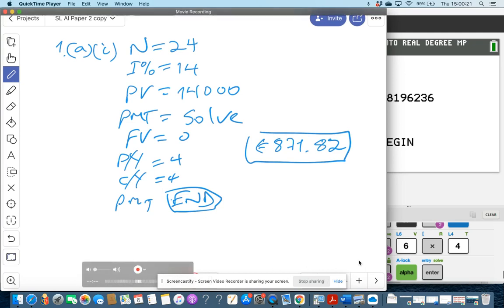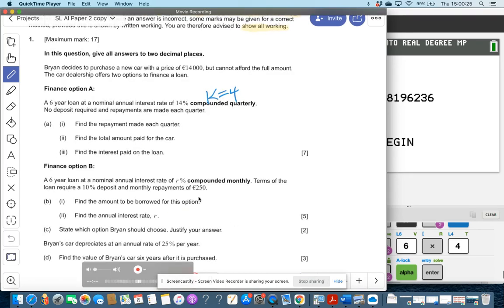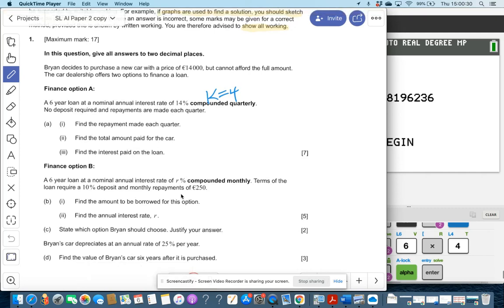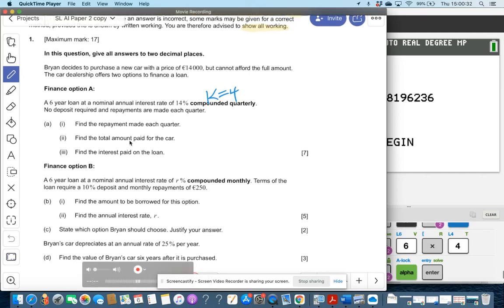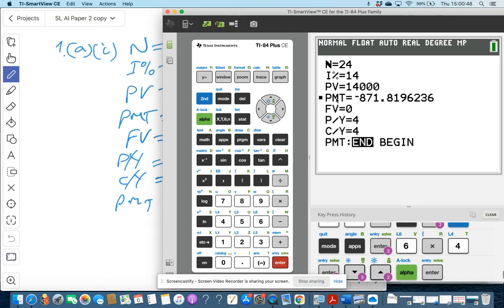Okay, so again, on the exam, you're going to be flipping back and forth. Actually, you'll have both the answer booklet and the question booklet open, so you won't have as much difficulty as I'm having now. Total amount paid for the car. Okay, so how many payments were made? Well, it was there in our TVM solver, 24. So all we have to do is multiply 24 times our payment amount. Okay, that's going to be our next answer for (a)(ii).